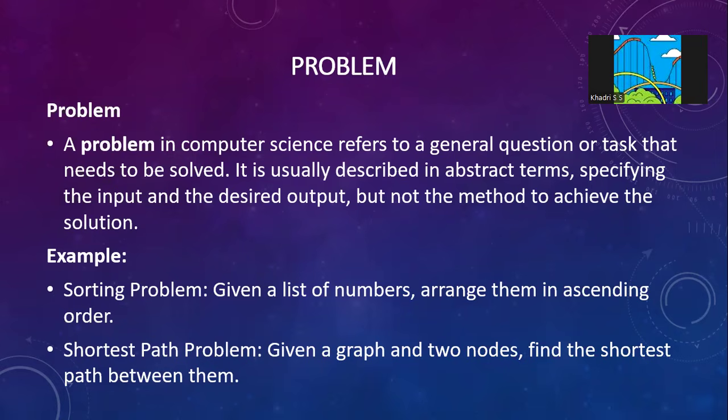In the shortest path problem also, we are given a graph with 2 nodes and I need to find out the shortest path between them. So they will provide the graph with 2 nodes and I need to find the path between them, right? These kinds of things are called a problem.